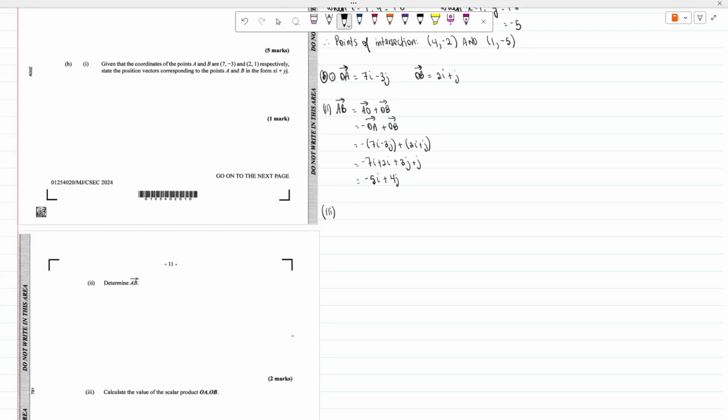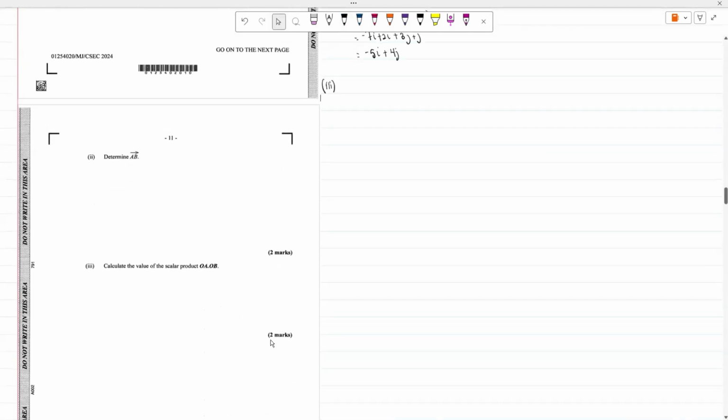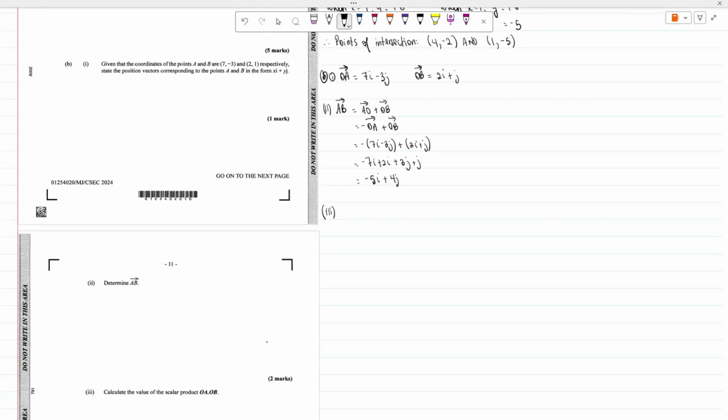Determine the scalar product OA dotted with OB. Now, they should have put arrows over these things. OA dotted with OB, I can change from IJ format to vector format.